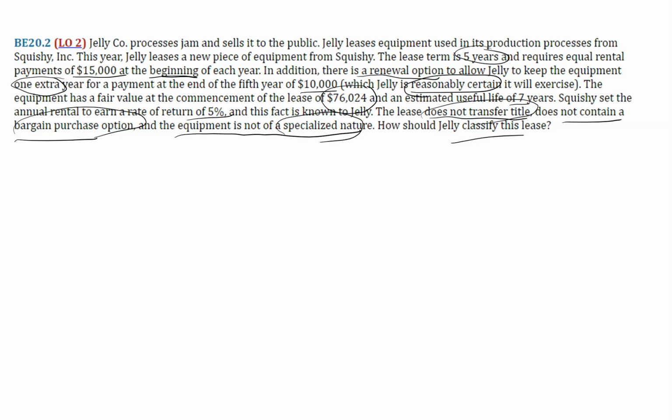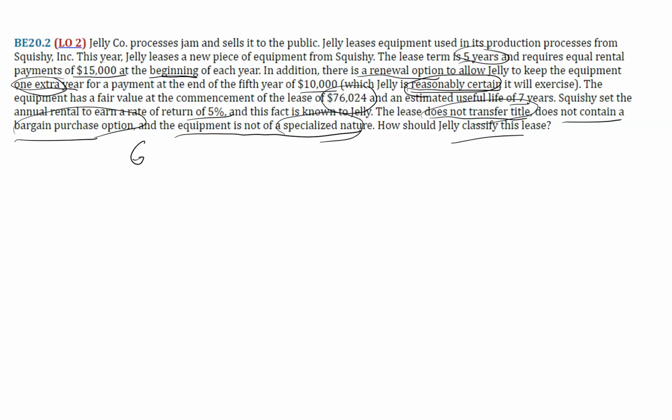For economic life, we know that the lease term should be 75% or more of the entire economic life. The regular term is 5 years, but there is one extra year because of the lease renewal option, and it's reasonably certain that the lessee will exercise it. So when we consider the lease term, we consider 5 plus 1, which is 6 years.